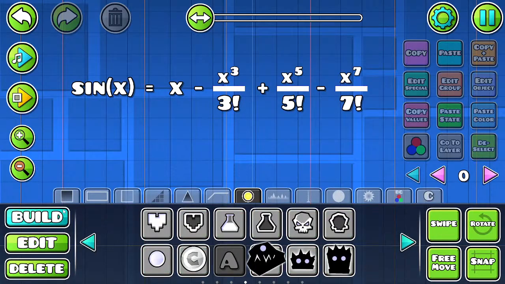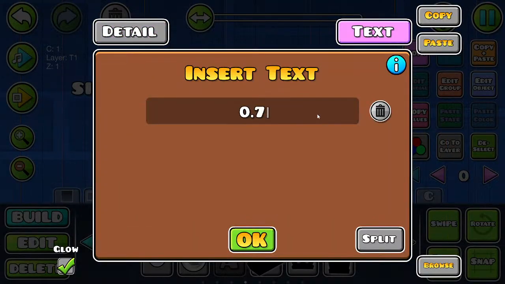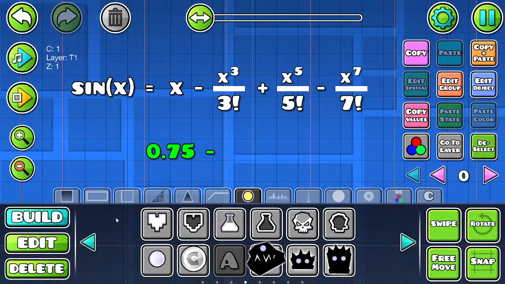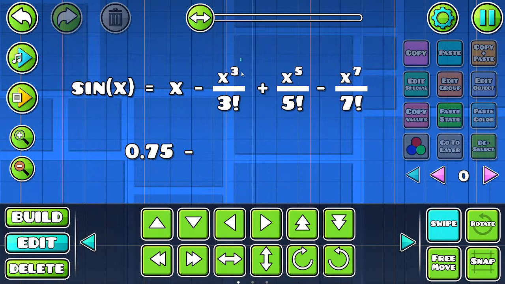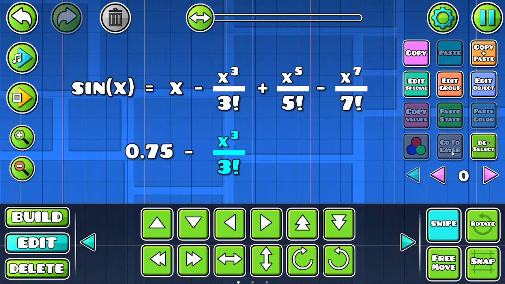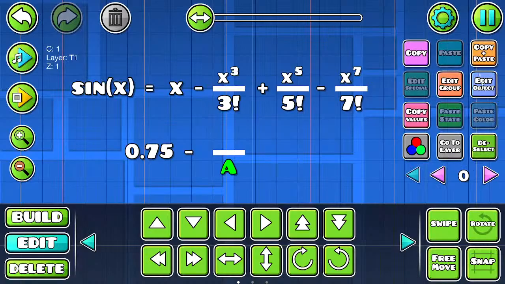All right, so yeah, I think I remember. So 3/4 minus... 3/4, and then I have to go s. I'm gonna add a space.